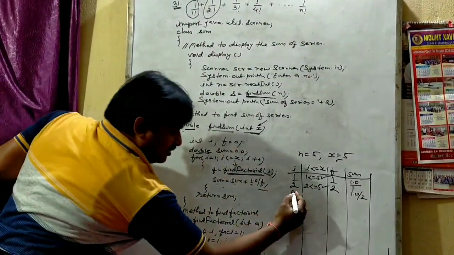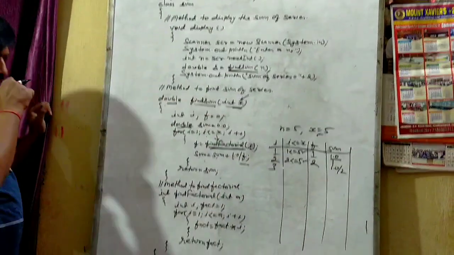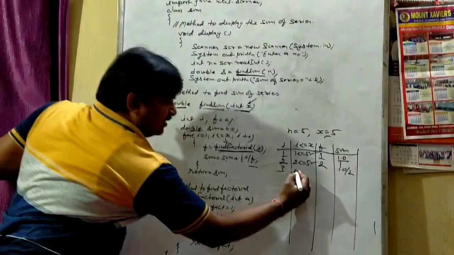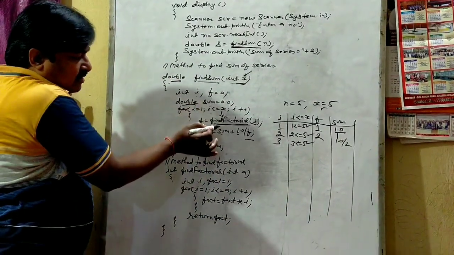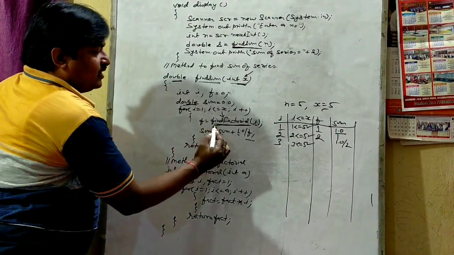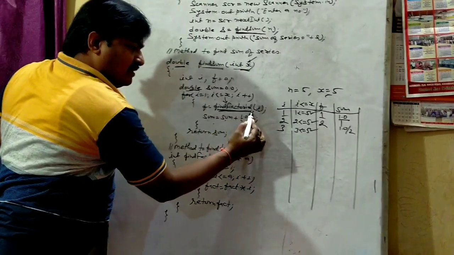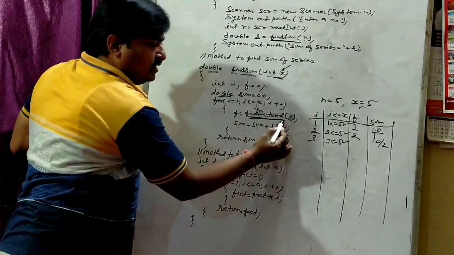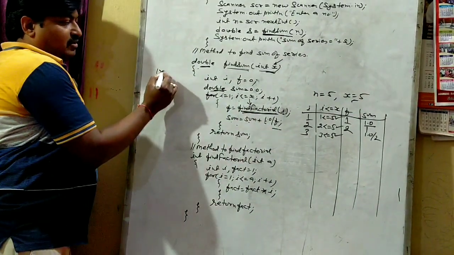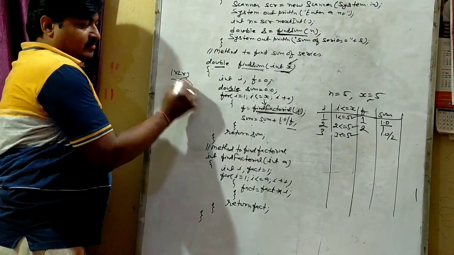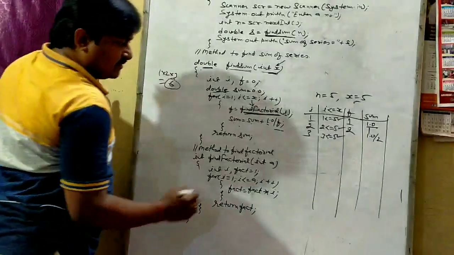Now i plus plus, i equal to 3, 3 less than or equal to 5, the condition is true. Again we go inside the loop. Again the find factorial function will be called, and this time it will calculate the factorial of 3, which is 1 into 2 into 3, that is 6.